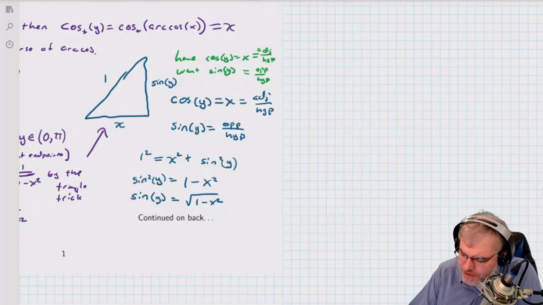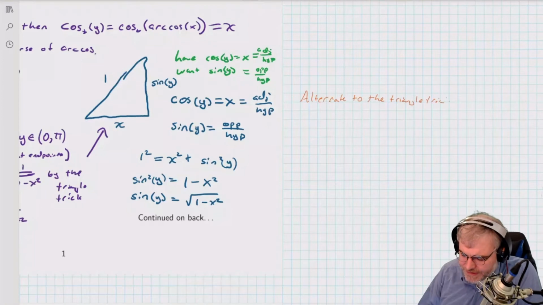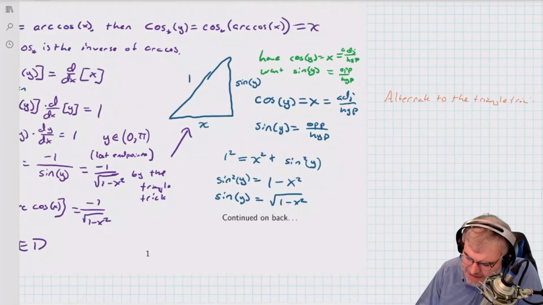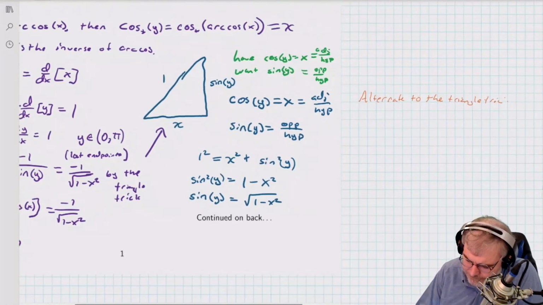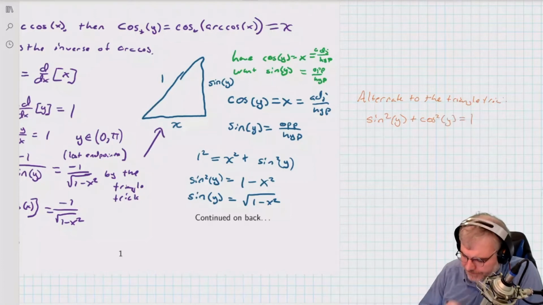There's an alternate to the triangle trick, and the alternate is to do this. Well, I know that sine squared y plus cosine squared y equals 1.